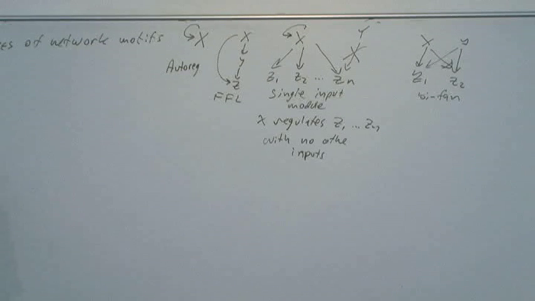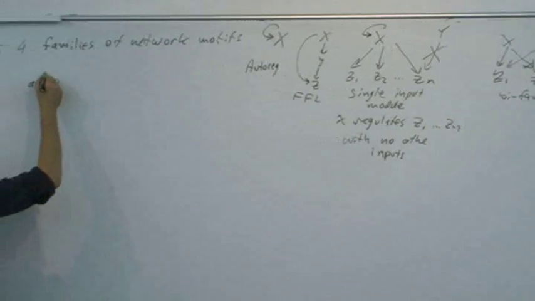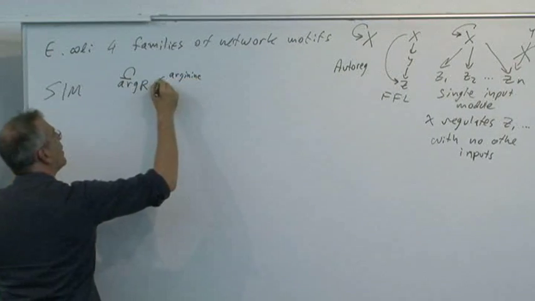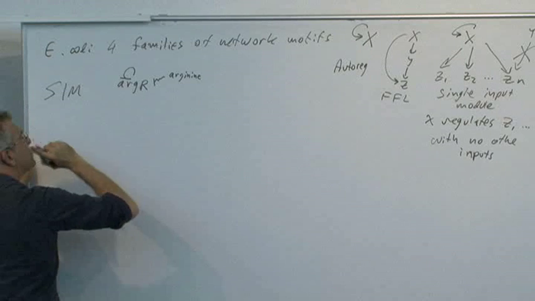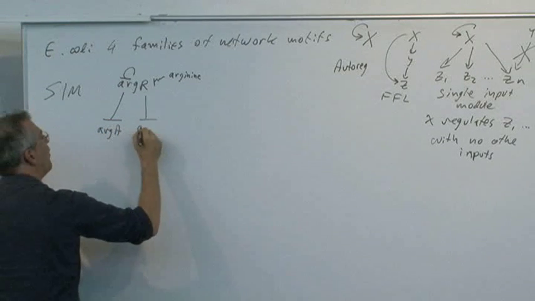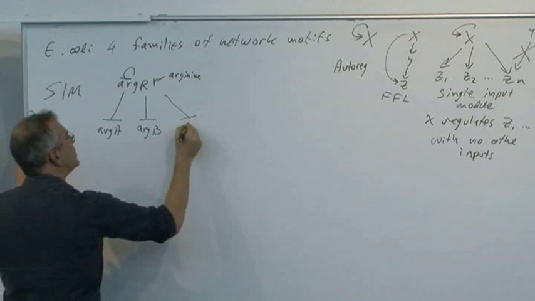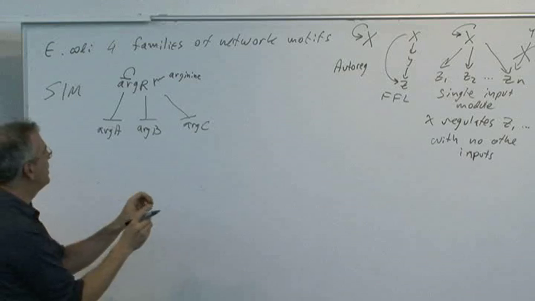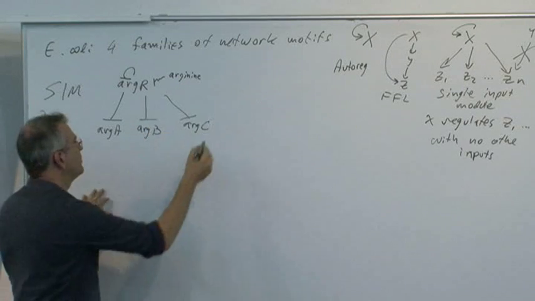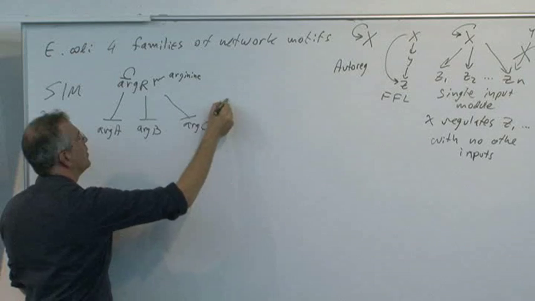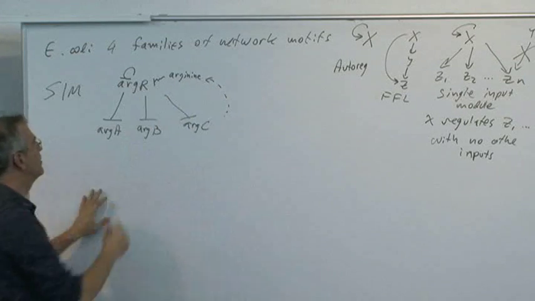Single input module. For example, the arginine repressor negatively autoregulates itself. When the amino acid arginine is around, it's active in repressing the genes that make carbon atom by carbon atom the amino acid arginine. So they produce actually arginine, closing a fast feedback loop.